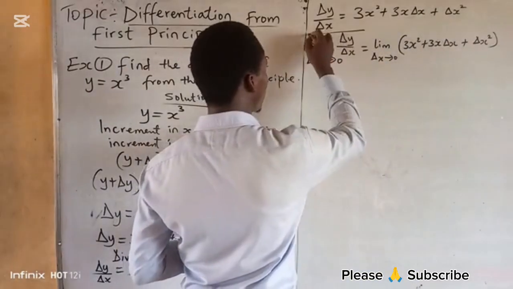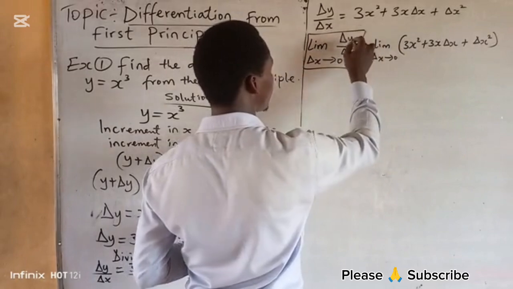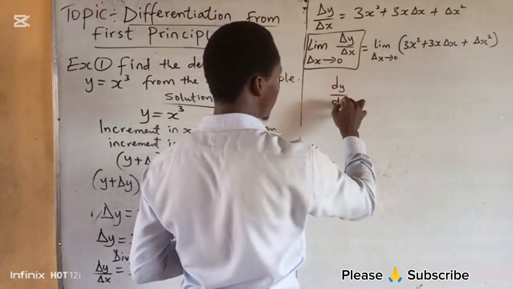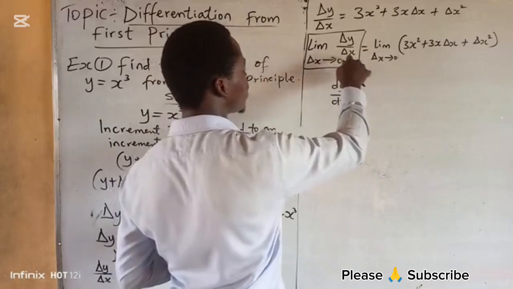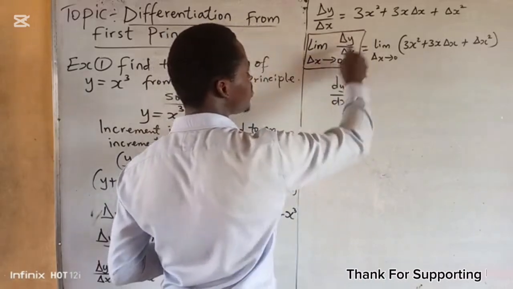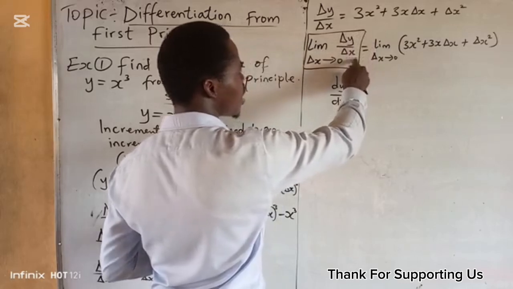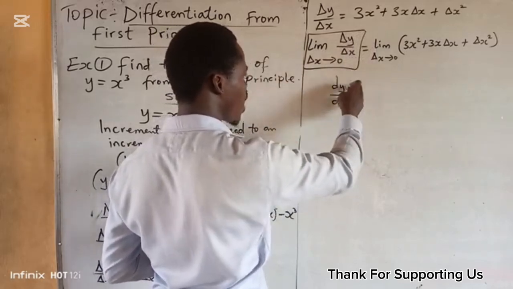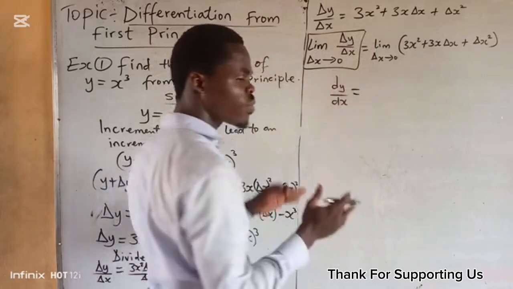So remember, when you take the limiting value of delta y over delta x, you get dy/dx. That is taking the slope of the secant, or taking the limits of the secant, and then it becomes the slope of the tangent, which is dy/dx.